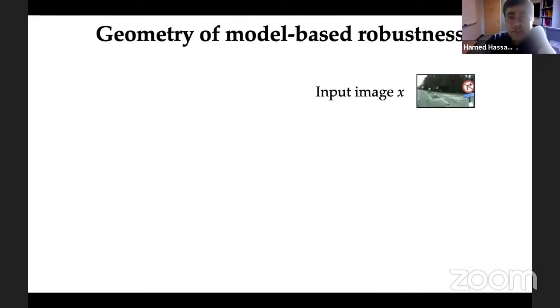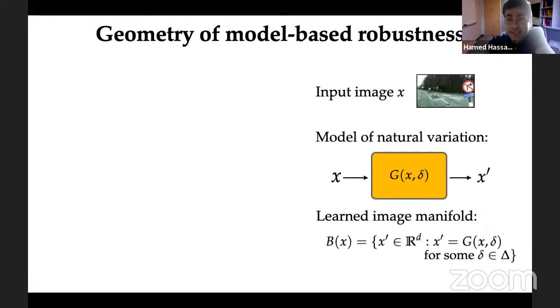What I'm trying to do now is to understand the geometry of these natural variations. Take an input X. This is, let's say, an image in sunny weather, and assume that we have access to a model of natural variation G. What I'm going to represent here on the left is something that I call a learned image manifold.